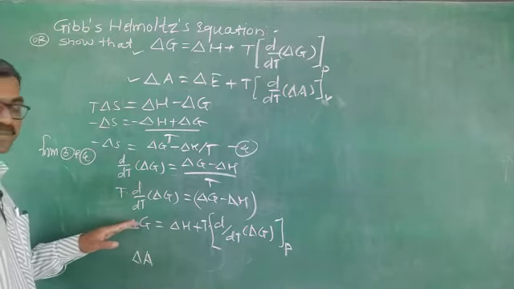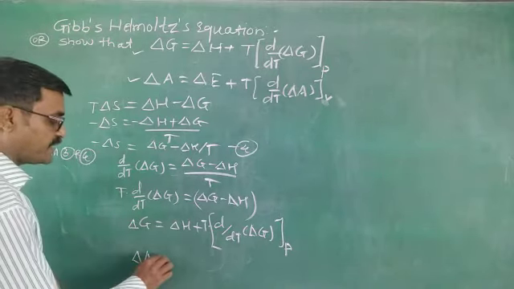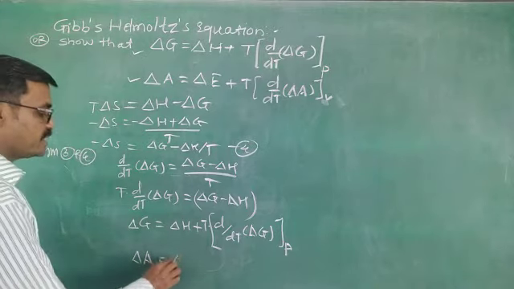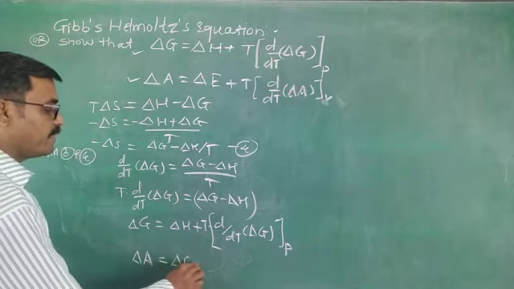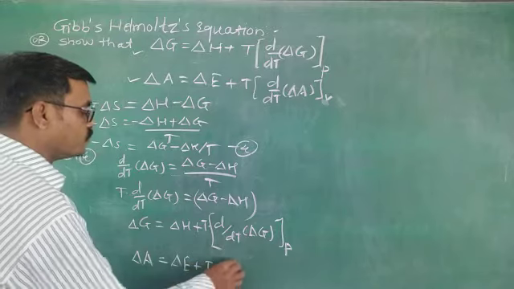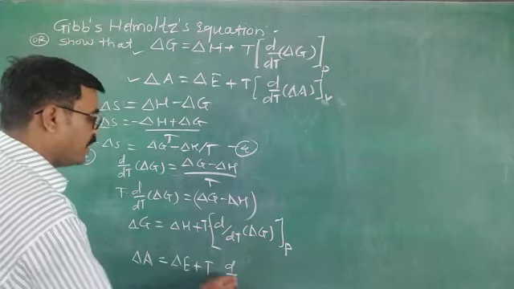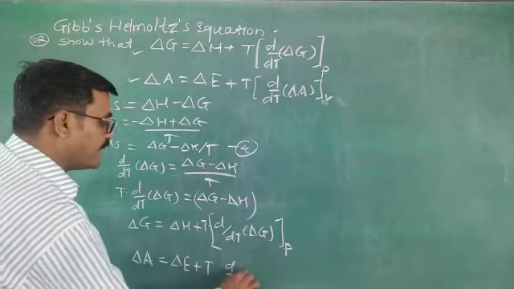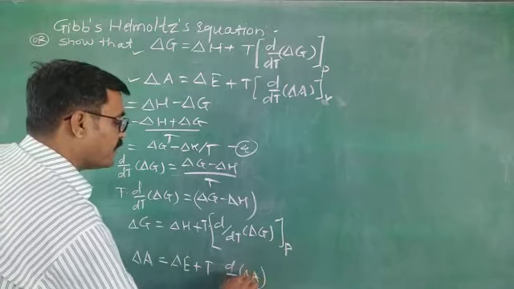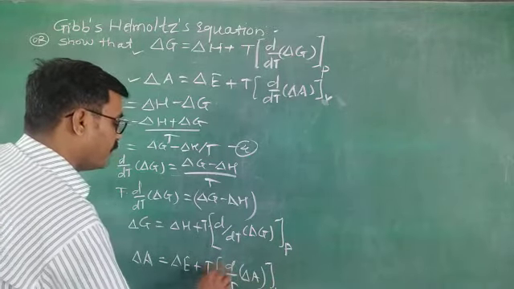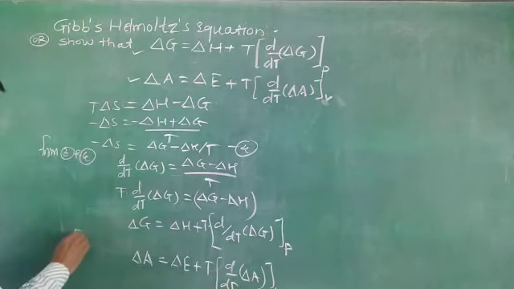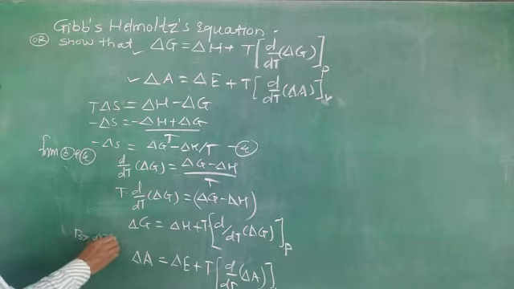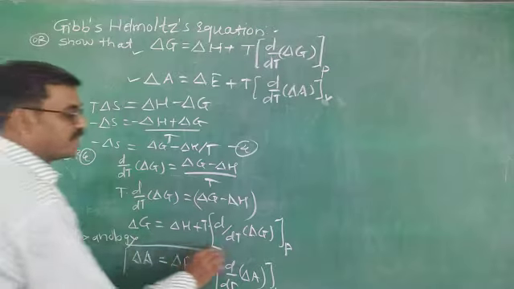Because G is Gibbs free energy, A is Helmholtz free energy, that is the work function. Delta A equals delta E plus T into d/dT of delta A at constant volume. By analogy, we may write the Gibbs-Helmholtz equation in this way.